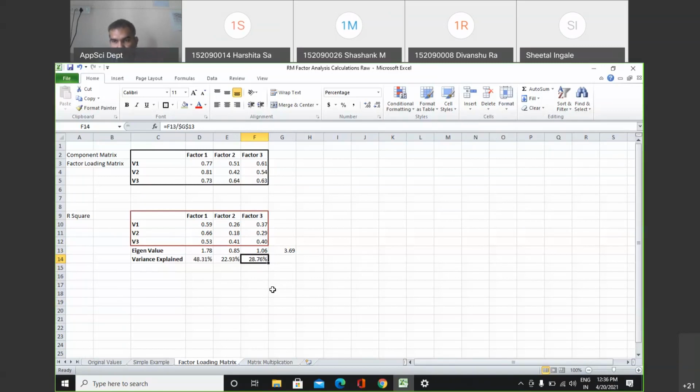That's why so much emphasis on variance. When we are discussing factor analysis in any book, every 10th sentence will have this word. Maybe a little exaggerating, but more or less, it is like that. So variance is very important.